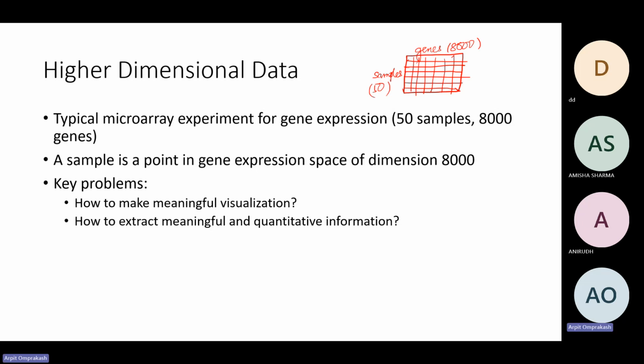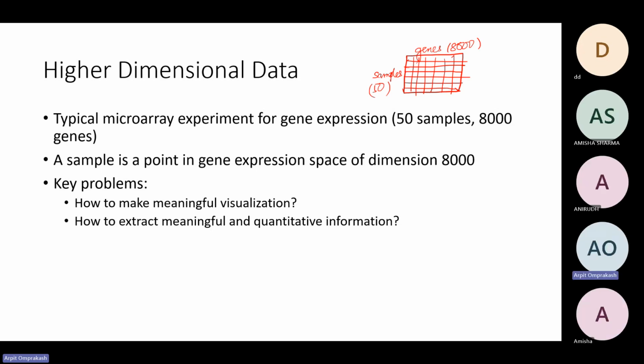Generally you see this kind of high dimensional data when you're typically dealing with high throughput experiments. The key problem with high dimensional data is that you cannot visualize data that is anything greater than 3 dimensions. So you can't make plots.